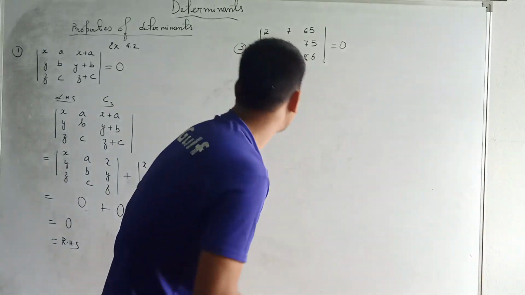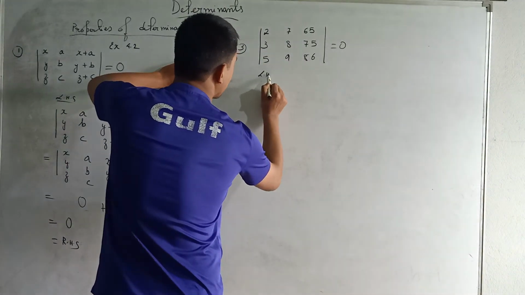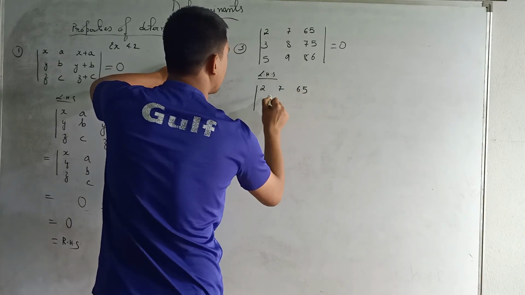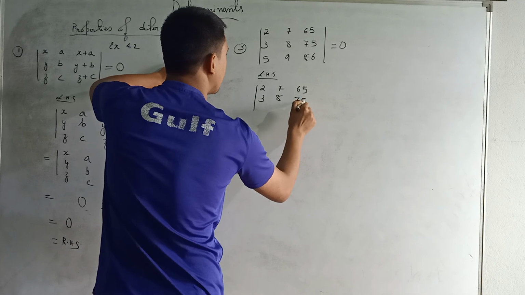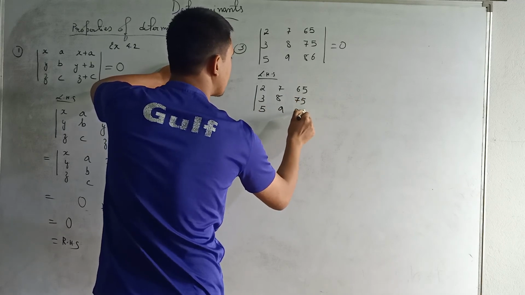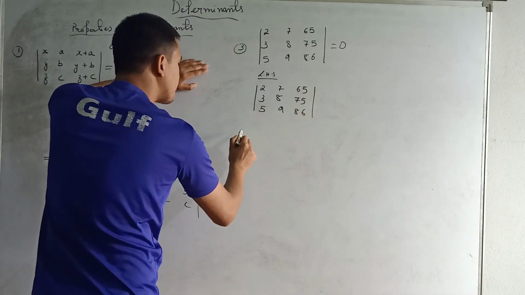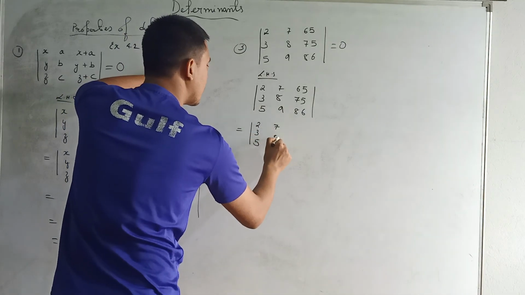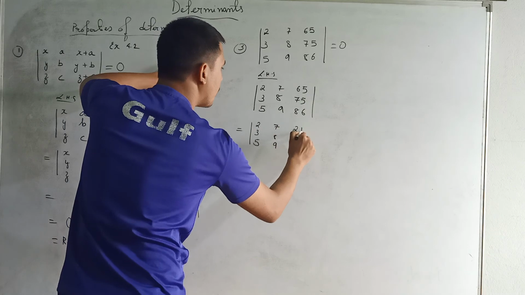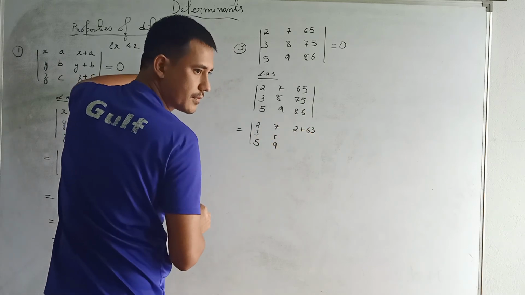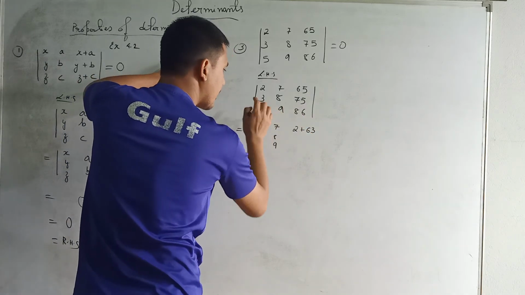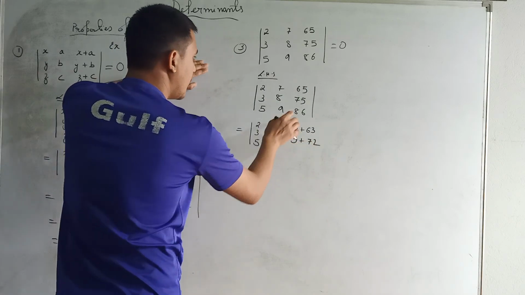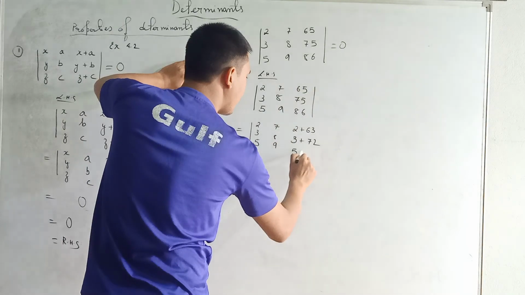So on the left hand side, we have 2, 7, 65; 3, 8, 75; 5, 9, 86. I'm going to break up the third column. 65, can I write 2 plus 63? 75, I can write 3 plus 72. 86, I can write 5 plus 81.